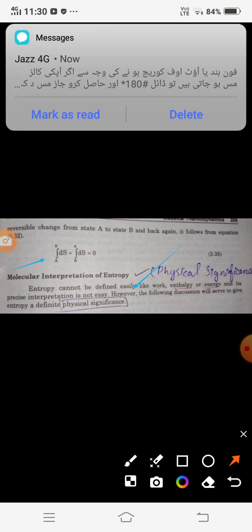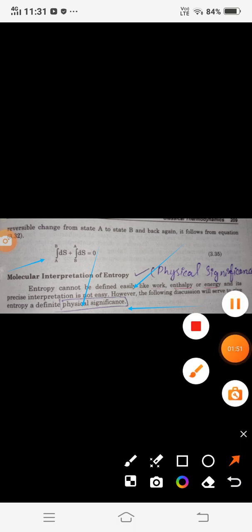Entropy cannot be defined as easily as work, enthalpy, and energy, and a simple precise interpretation is not easy. However, for the discussion we should study the physical significance, meaning we will study entropy from the concepts of different theories.